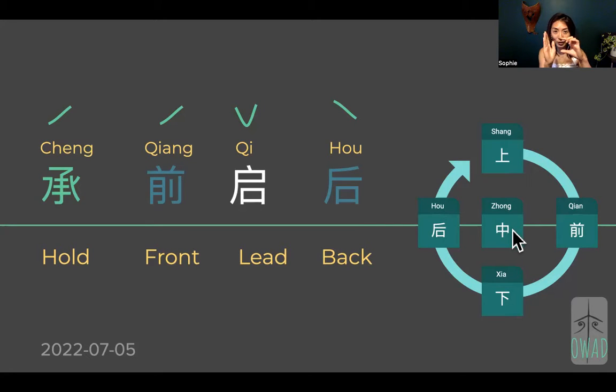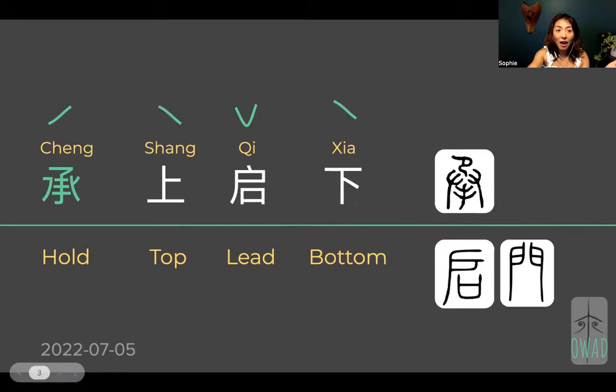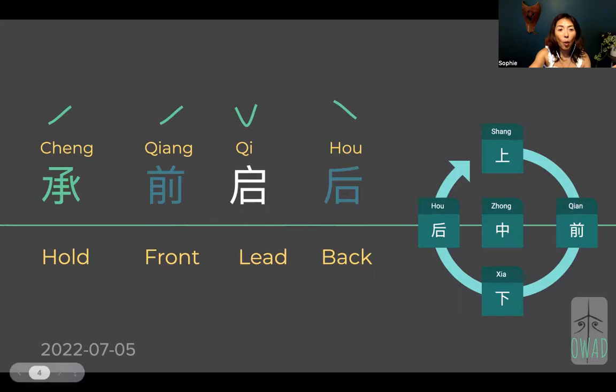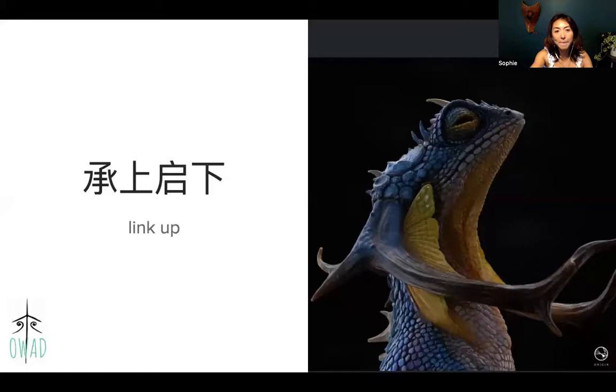You're not at this end or that end. You are the middle link. So you can either say 承上启下, or you can say 承前启后. Exactly the same meaning, just two ways of expressing the previous or next generation in spatial terms.